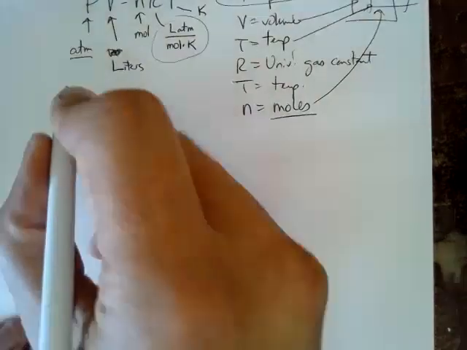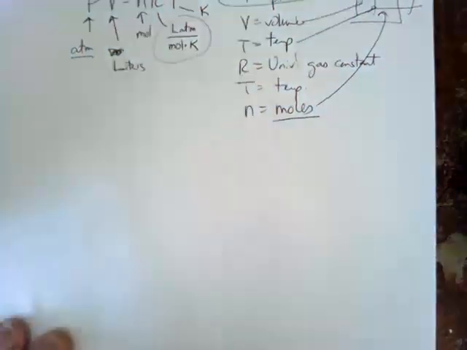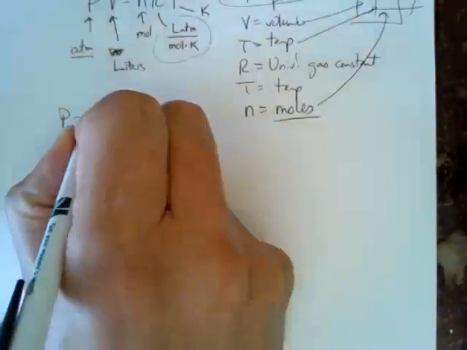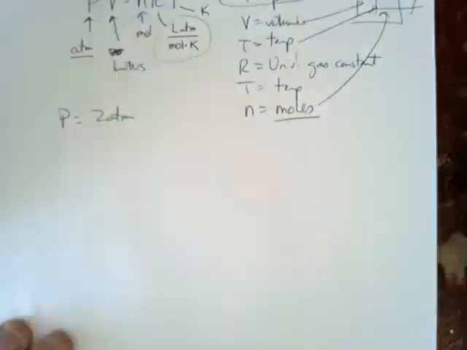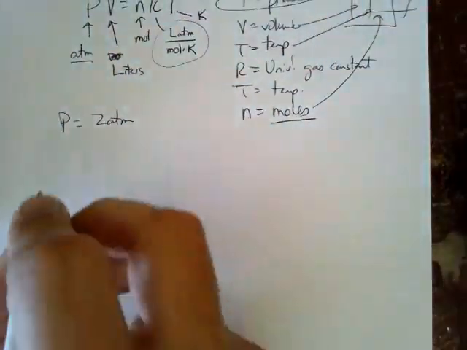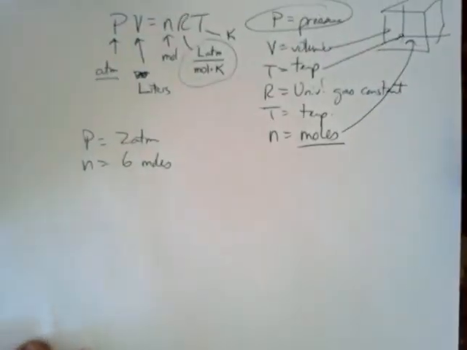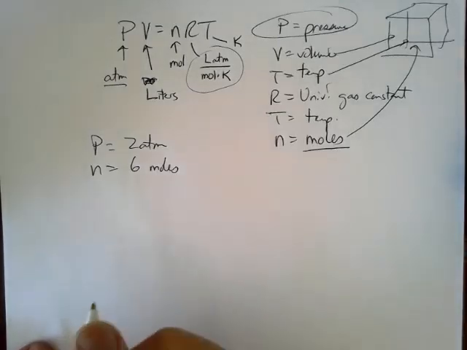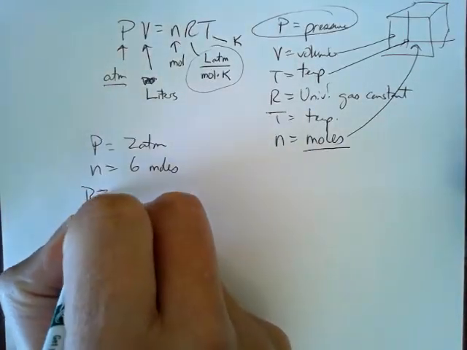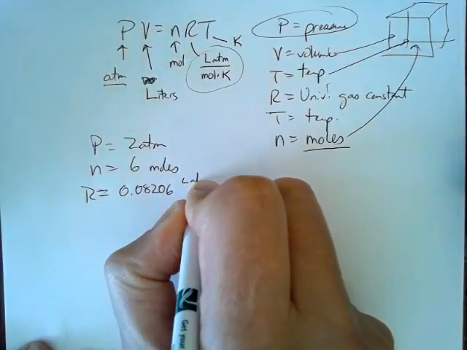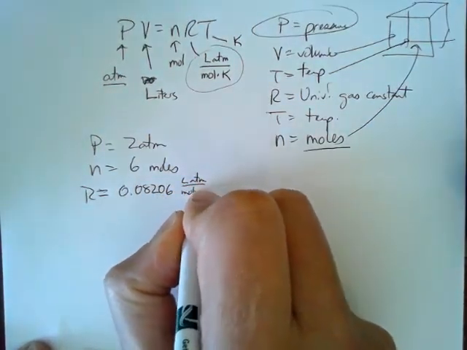So let's suppose that we wanted to do a calculation and somebody said we've got a pressure of 2 atmospheres. So they've measured the pressure of this gas. They know that they've pumped 6 moles of gas into that box. R, the universal gas constant, is 0.08206 liter atmospheres per mole Kelvin.